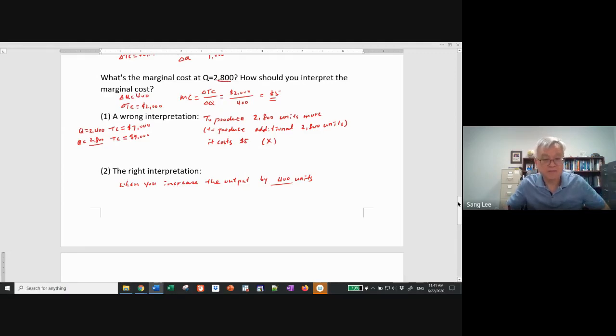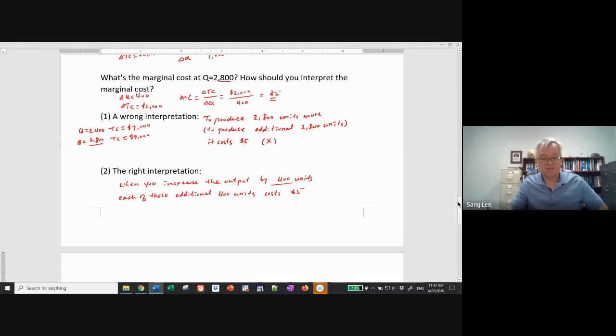So the meaning of the marginal cost here, $5, is that when you increase the output by 400 units, each of those additional 400 units costs $5.